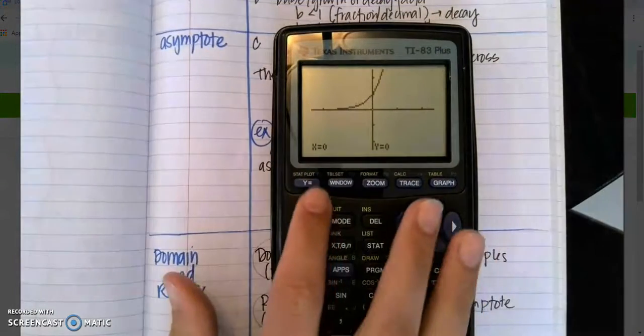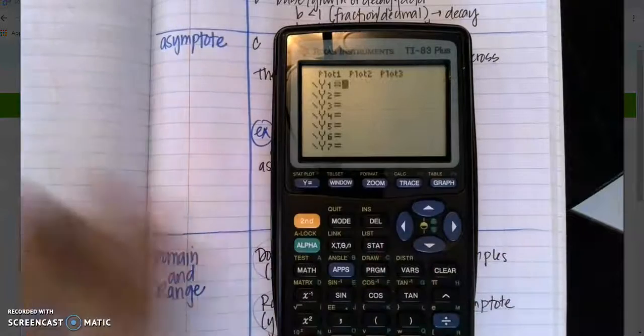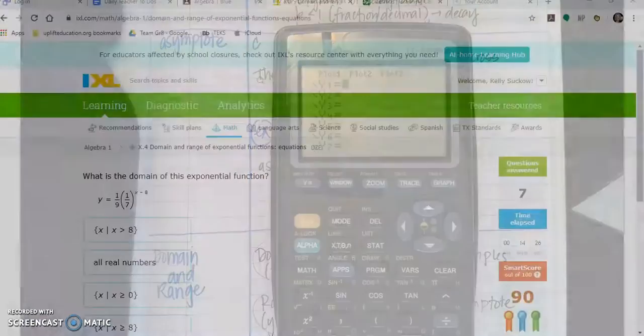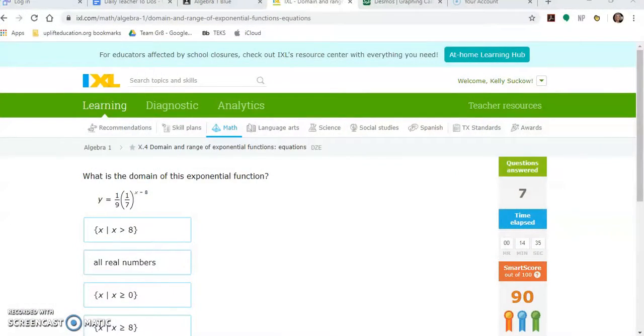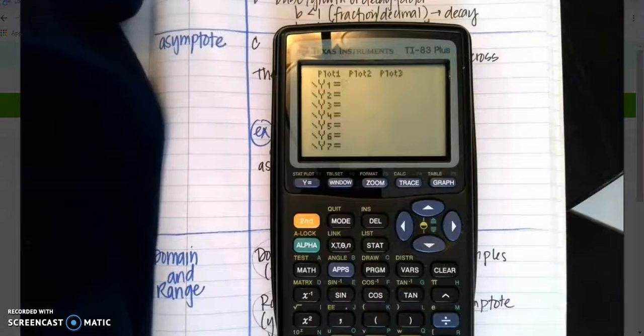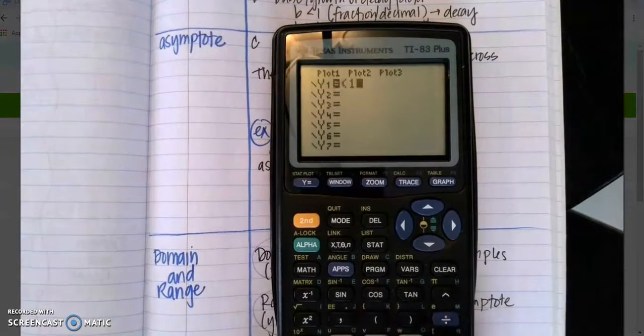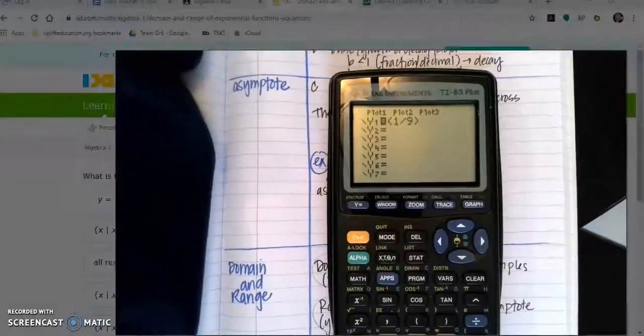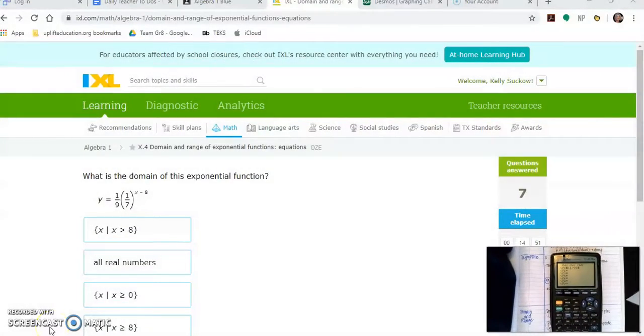Okay, so going back into y equals in our graphing calculator, I've got 1/9 in parentheses. Whenever you have fractions, you have to put parentheses in it. So 1 divided by 9. And then let's check again what the rest of my equation is. 1 over 7 to the x minus 8.